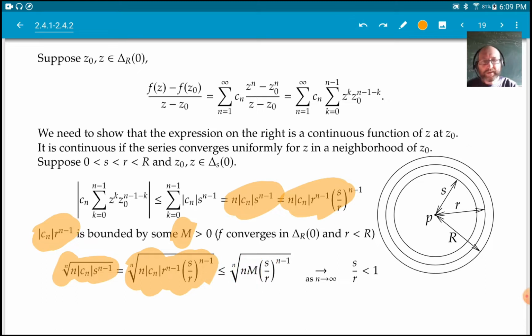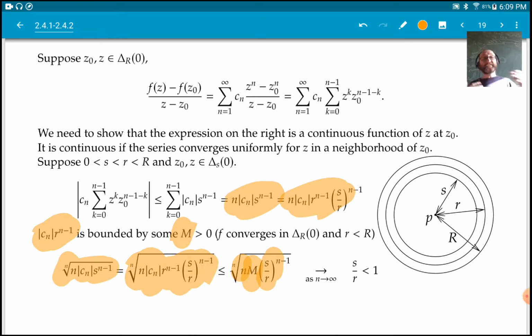The nth root of the n goes to 1. The nth root of the M definitely goes to 1. And this s over r, it's not quite to the nth power when taking the nth root, but in the limit, that's the same.